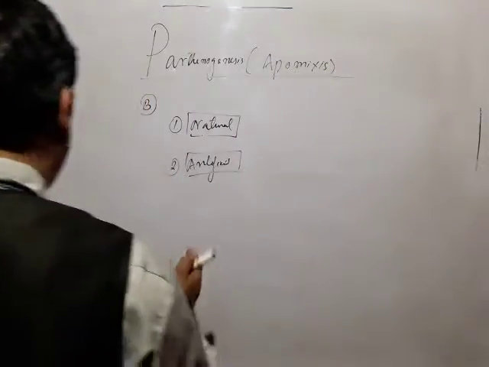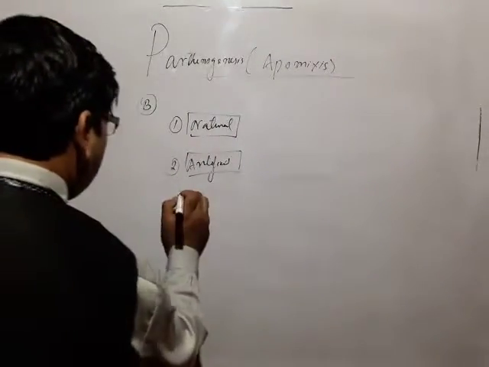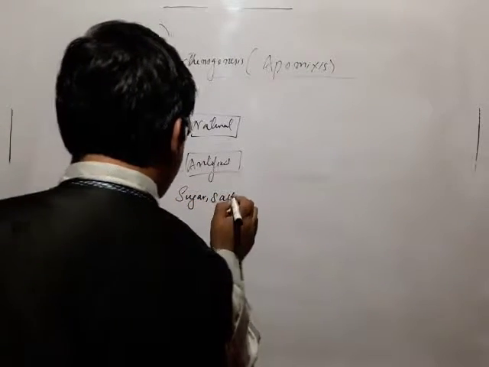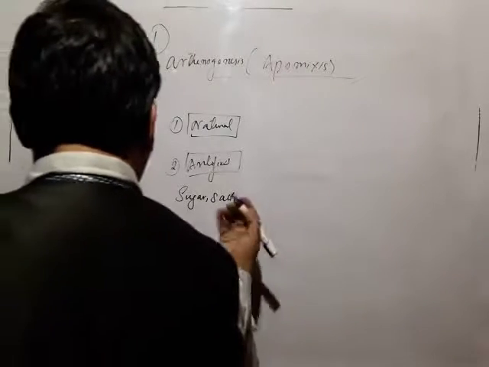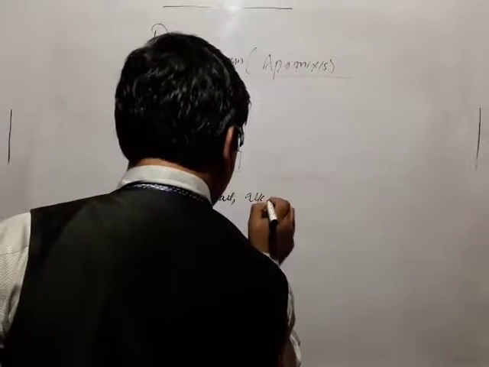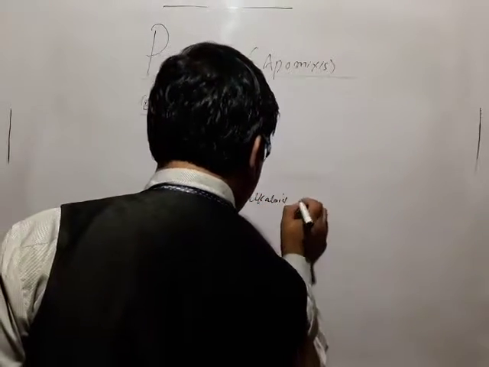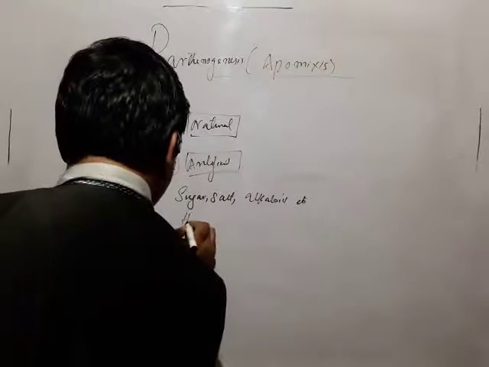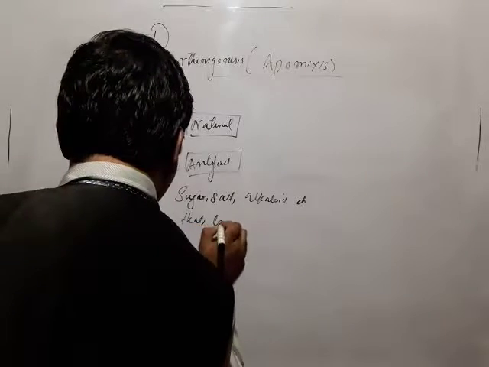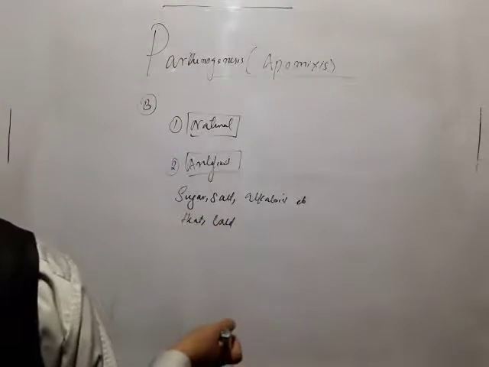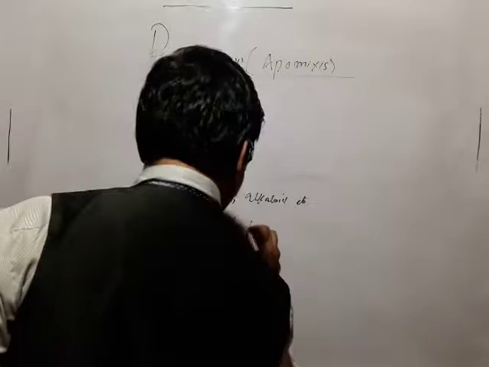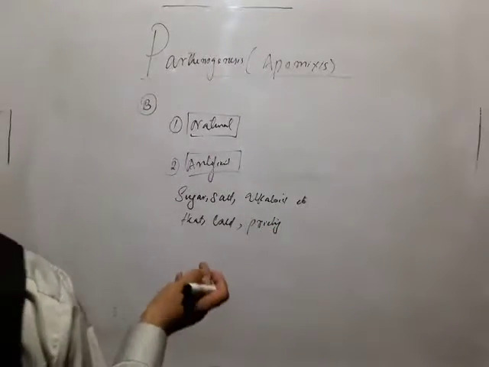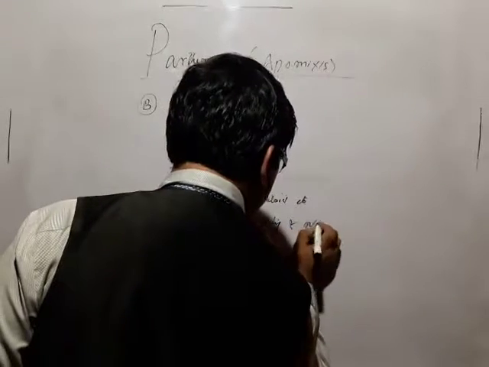So the second is artificial, with the help of sugar, salt, alkaloid, and other chemicals, plus heat, cold, that means temperature phenomena, even pricking of eggs, and other stimuli.